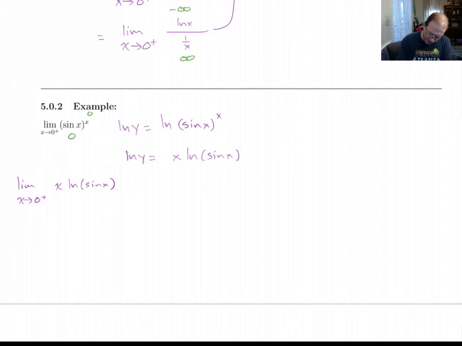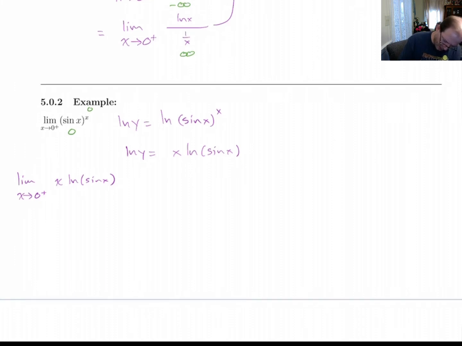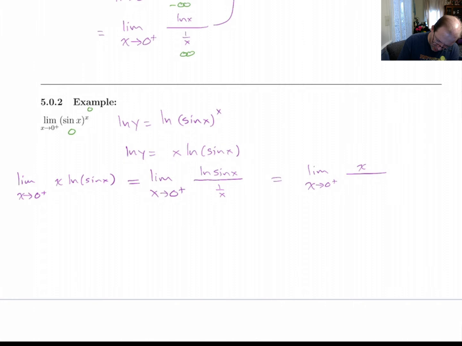Now let's see, what can I do to this to make it better? I could rewrite it, x goes to 0 from the plus side. I could either keep natural log of sine x on top and move this to 1 over x on bottom, or I could do limit as x goes to 0 of, keep the x on top and then put 1 over ln sine x on bottom.